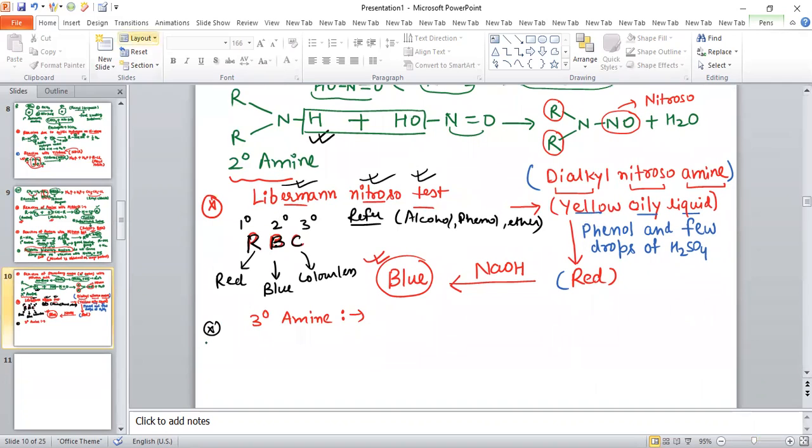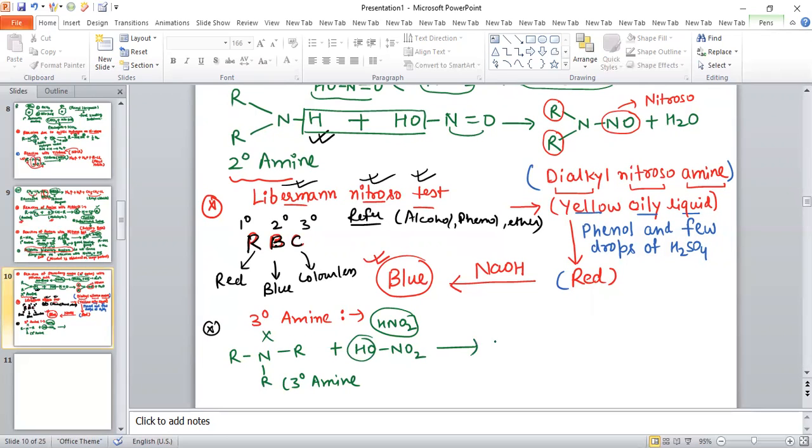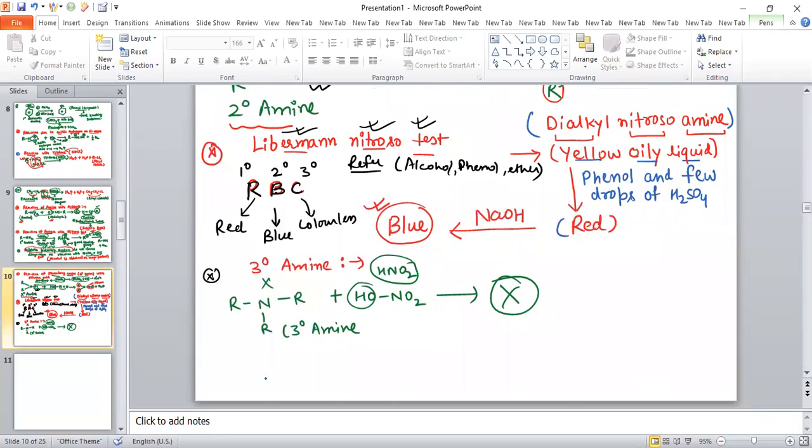If you draw the structure of 3-degree amine, it is like this: R, N, R, and R. So when it reacts with HNO2, nitrous acid, because hydrogen is absent, OH will not react with hydrogen. So we simply say no reaction will occur.